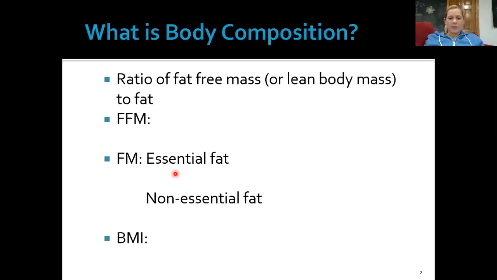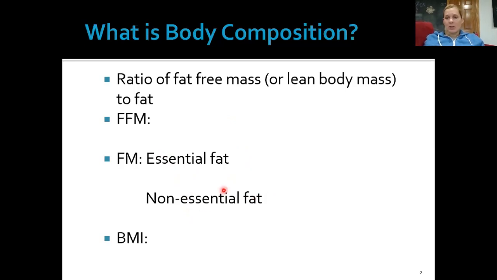Non-essential fat is any fat above and beyond those essential levels. So if I'm a male and I have a body fat percentage of 10, for example, then I have 3% essential and 7% non-essential. Non-essential just basically means I don't necessarily need that in order to survive and maintain regular functioning.